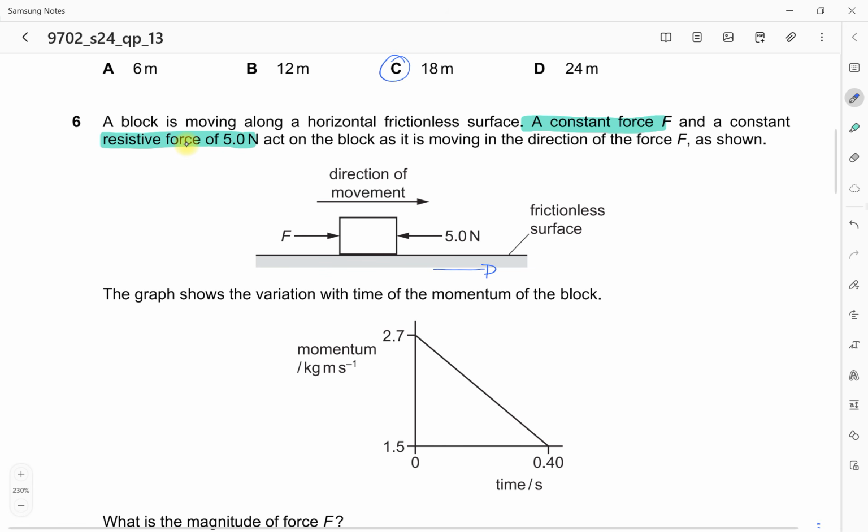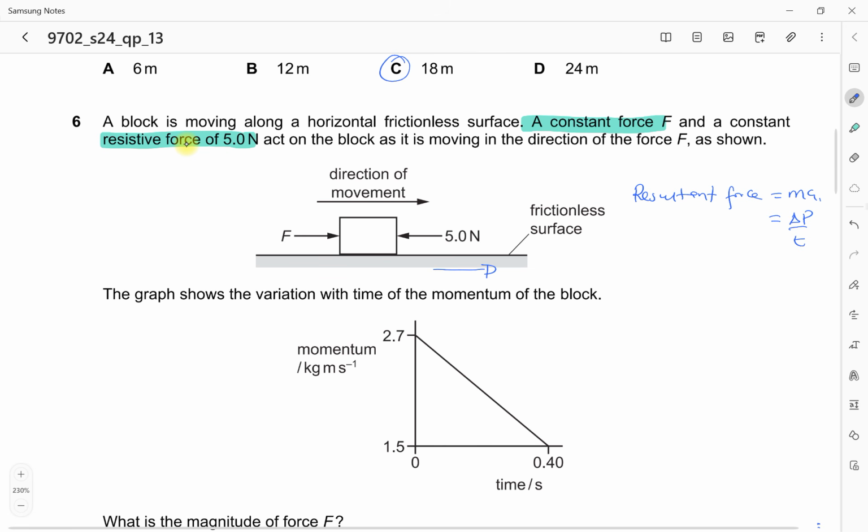So how do we find the resultant force on this body? The resultant force is given by mass times acceleration. Or the resultant force is the same as the rate of change of momentum, which is change in momentum divided by t.